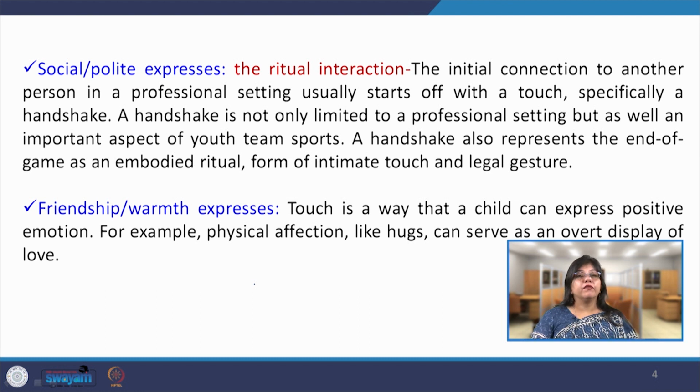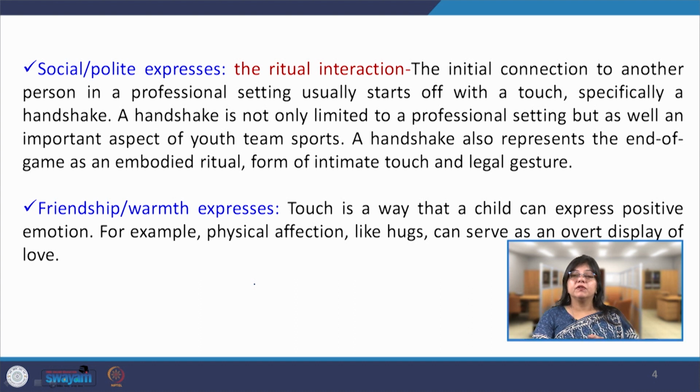The other is friendship or warmth expression. For instance, a child who touches the face of the mother, that soft touch is full of warmth, and maybe the child needs more cuddling or more affection from the mother. This is a display of affection through touch, that is friendship or warmth expression.